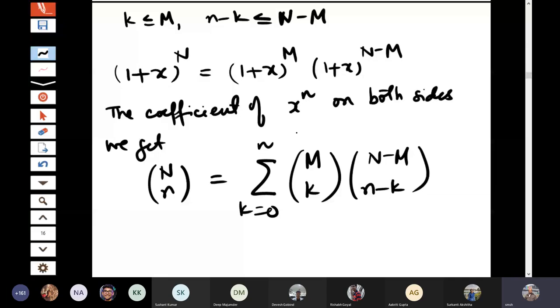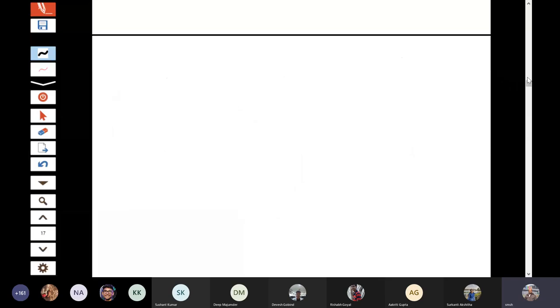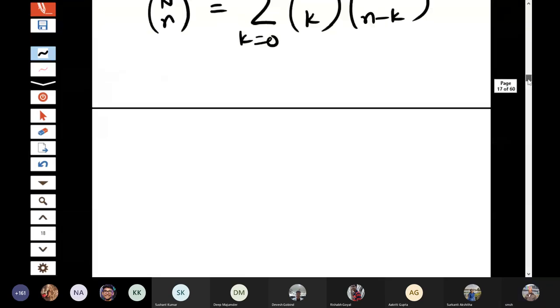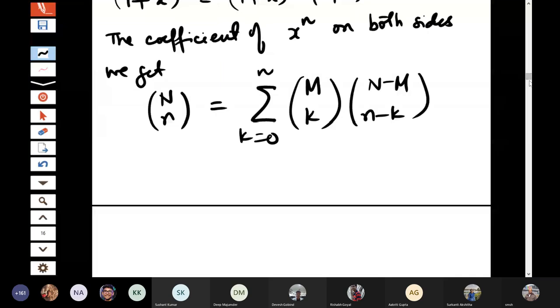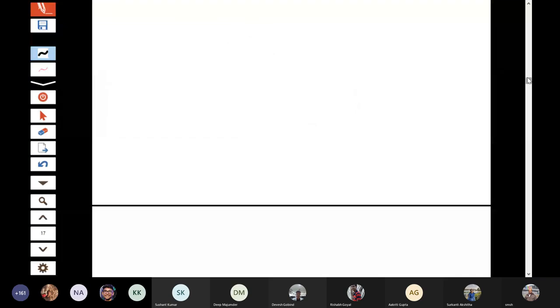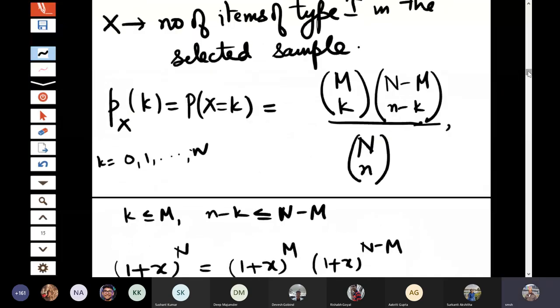In the binomial distribution, what did you do? You adjusted the product term with the factorials. The same thing will be done here also. If I multiply this by k here, then that k you have to adjust with the k in MCk.